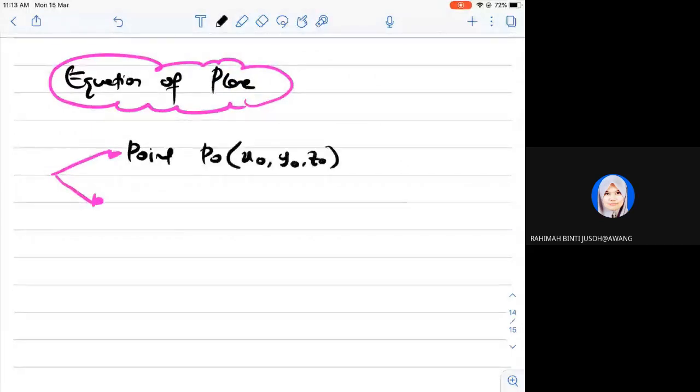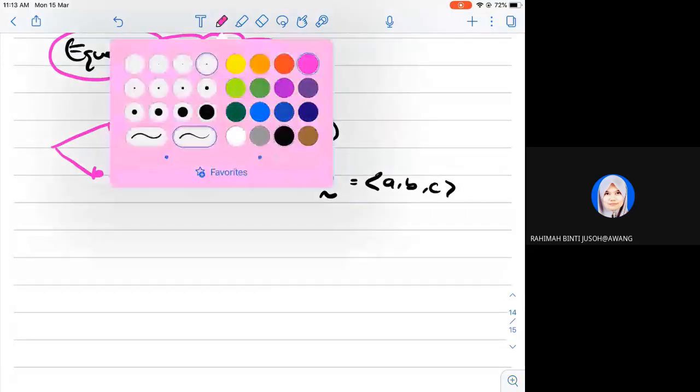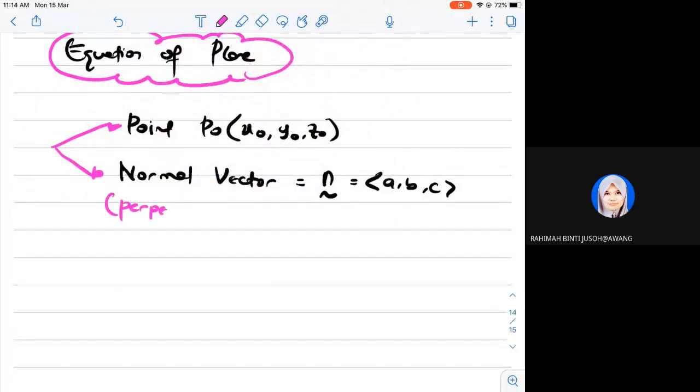And another one, you need to have a normal vector, denoted as N. The elements are A, B, C. So to form the equation of plane, you need P0, and the second is the normal vector, the vector that is normal or perpendicular to the plane. If the question says perpendicular or orthogonal, that means normal vector.